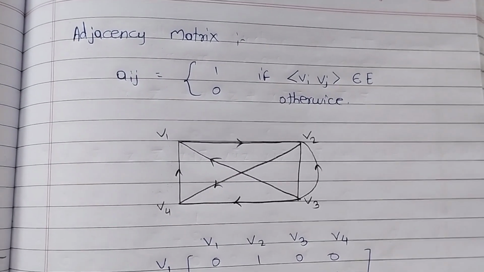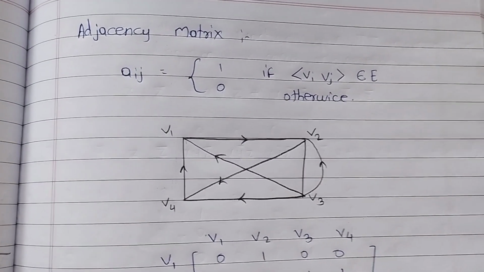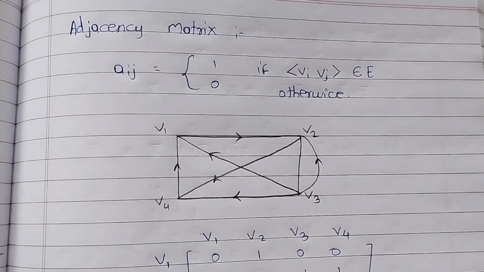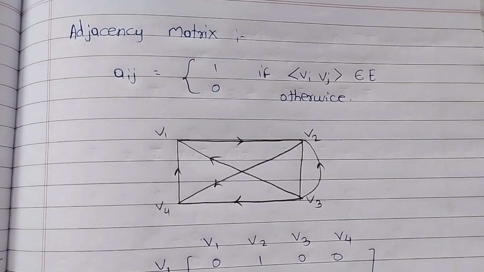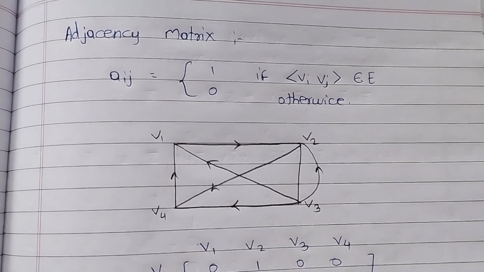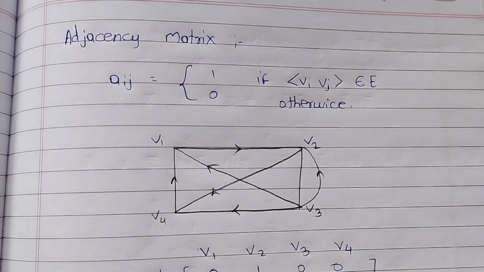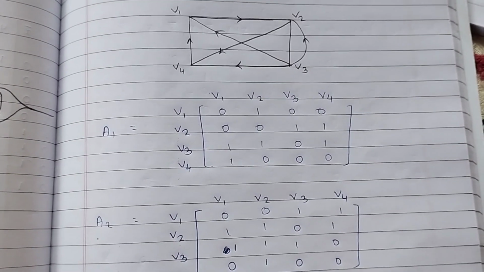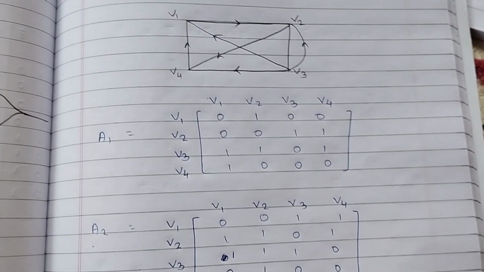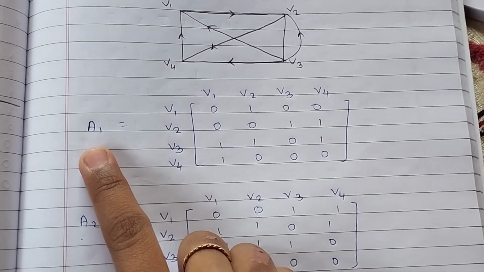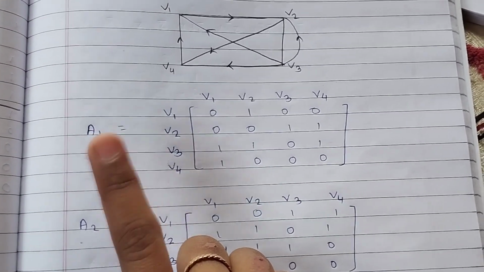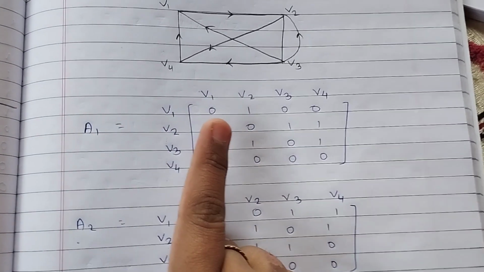This is the query, or we say the doubt of Pranali, how to find out A1, A2, A3, A4. A1 means find out only one edge from source to destination.